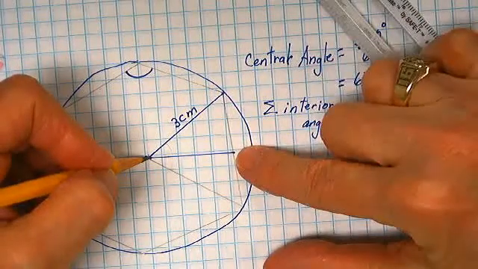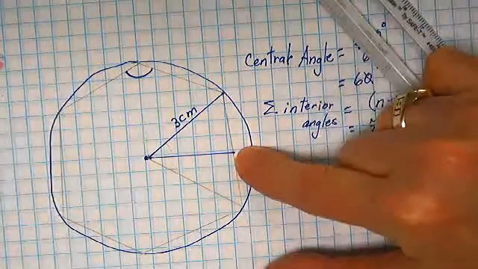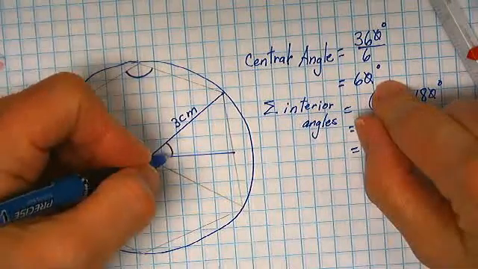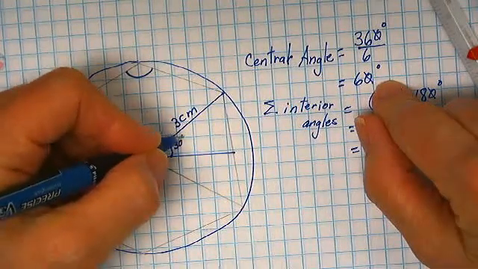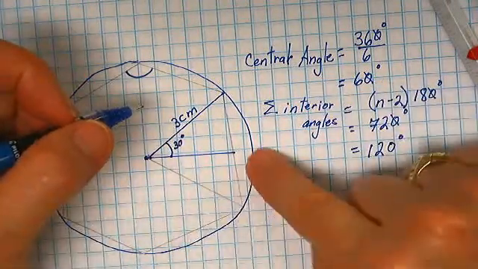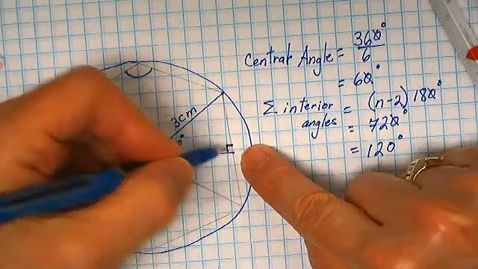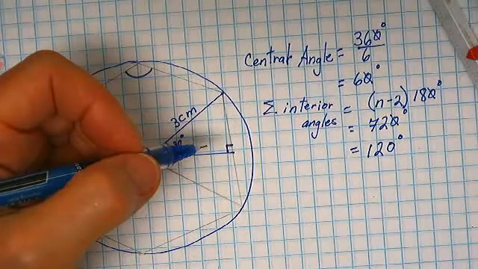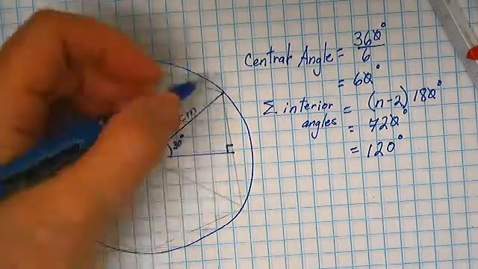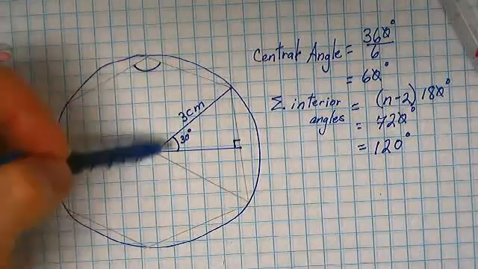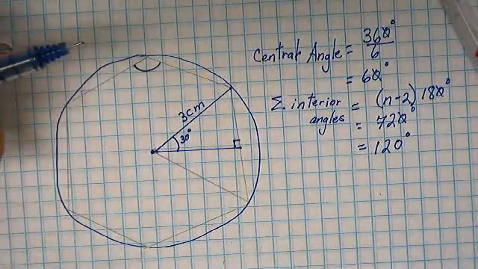The apothem bisects it, and if the apothem bisects the central angle, then this angle has to be 30 degrees. The apothem intersects the side at a right angle. So when I have a hexagon, I can always deal with 30-60 right triangles.